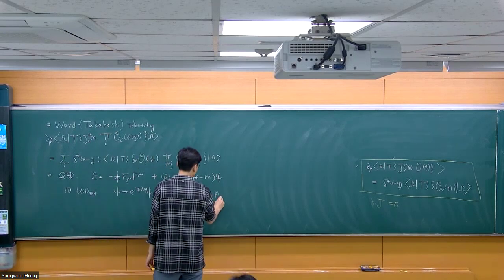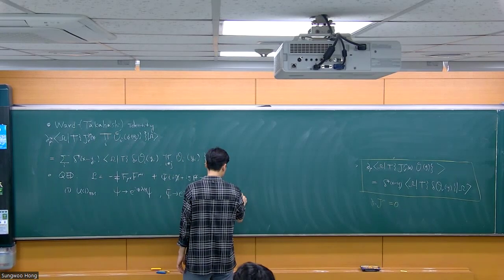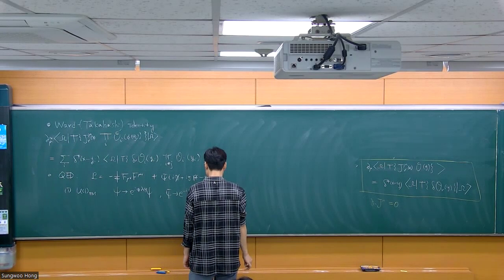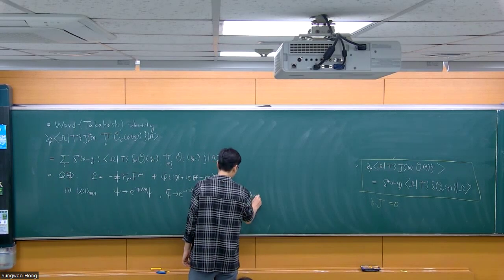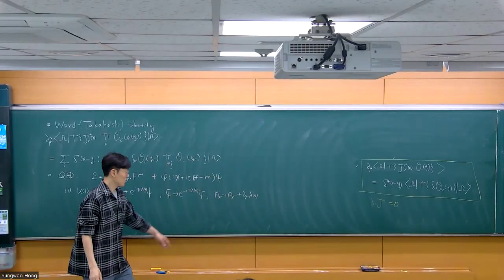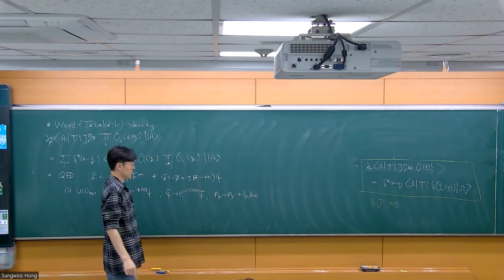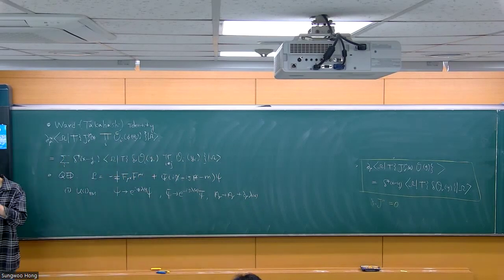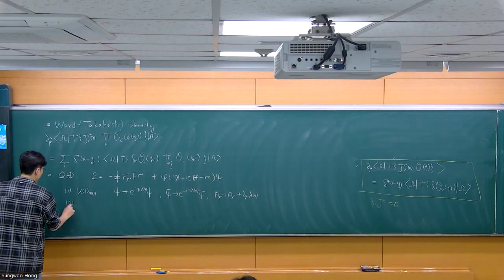And then the photon shifts by the derivative of lambda. We can check whether this should be plus or minus. Yeah, so this is not a global symmetry. So this is gauge invariance.